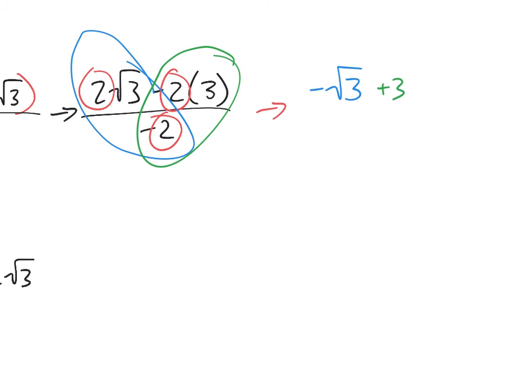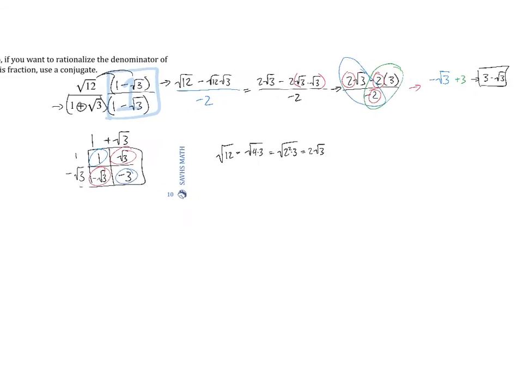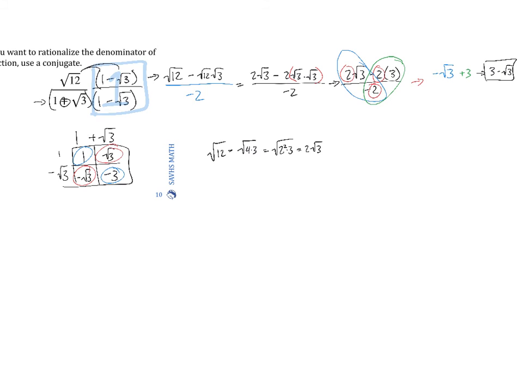So we can rewrite our answer, and typically we write our answer as the whole number first, 3, and then the radical, minus root 3. So there's our answer right there. A whole lot of working to get there, but you can rationalize a denominator that has a binomial in the bottom of it, meaning there's a plus, by multiplying by the conjugate over the conjugate of the denominator.